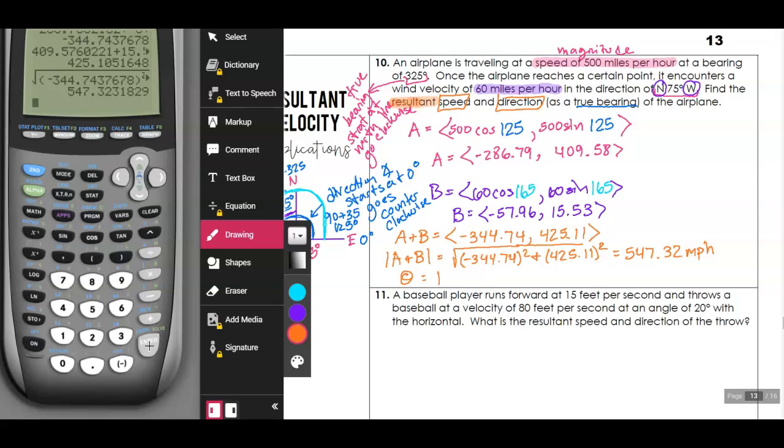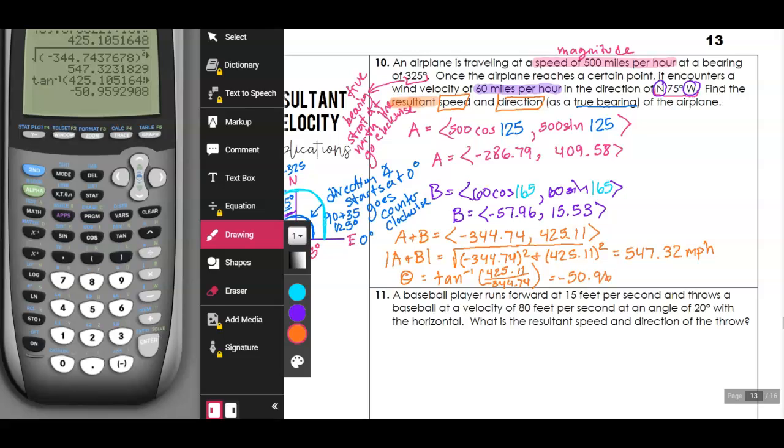To find direction angle, you always use inverse tan of the B value over the A value. So inverse tan of the B value over the A value, and we get -50.